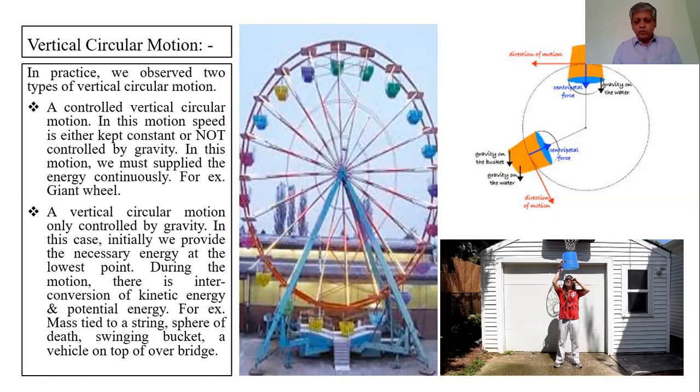Due to that, the water cannot fall down since the accelerations are the same here. The centripetal acceleration and the weight can be balanced here, and due to the centrifugal force, the water cannot fall down in a vertical circular motion. That is one of the causes why the water cannot fall down.